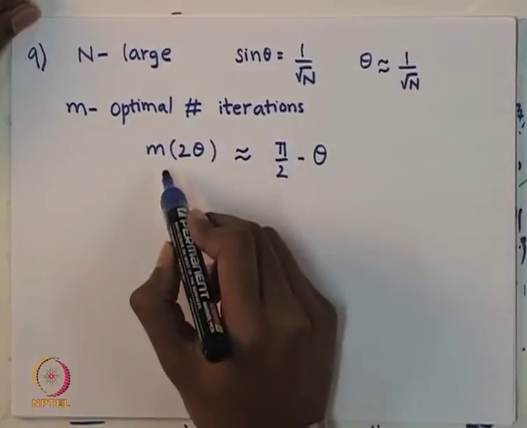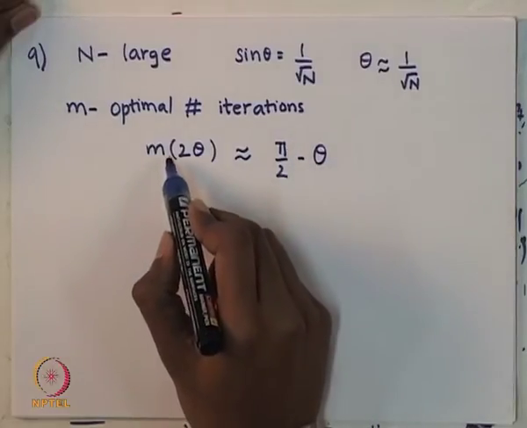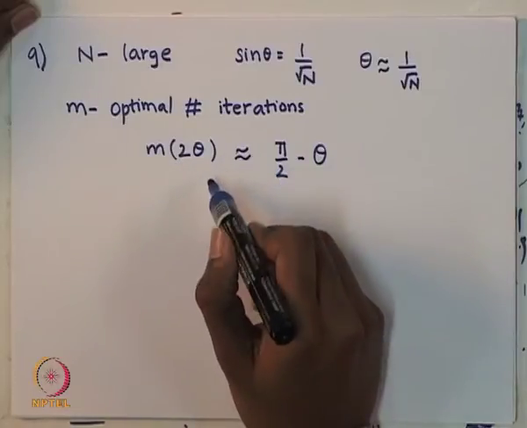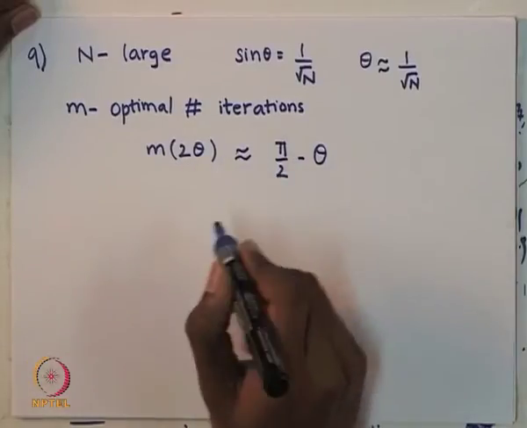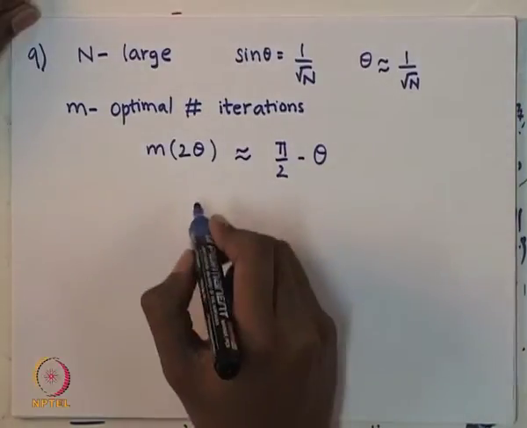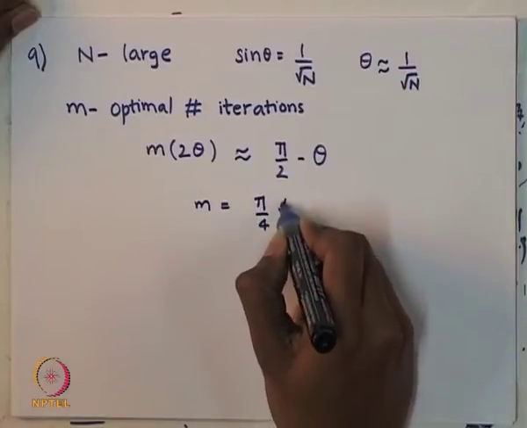So, if you are able to cover the initial angle after m iterations, then we have successfully obtained the marked state. So, substituting theta as 1 by root n, we obtain m is equal to pi by 4 times root n.